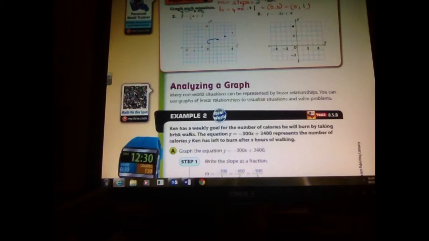When I connect that, very sloppily, sorry, it makes a straight line if you do it correctly. Because this formula is for a linear equation, a hint is that when you graph it, it has to be a line.